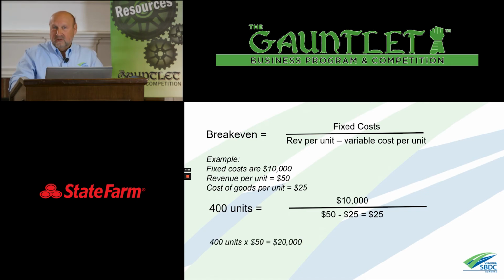If we multiply that out by the price per unit, in order to break even, you have to sell $20,000 worth of equipment. You can see why this is a very important tool to help analyze your business.